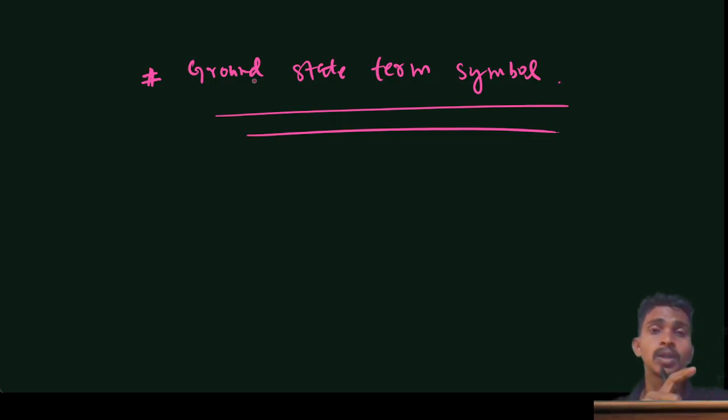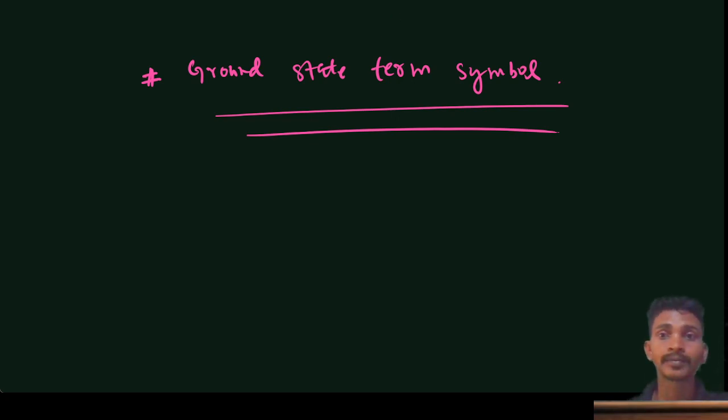First the orbitals have to be symmetric, that is G, so the ground state term symbol should have G first. After that we follow Hund's rule: first the S value should be highest, then the L value should be highest.